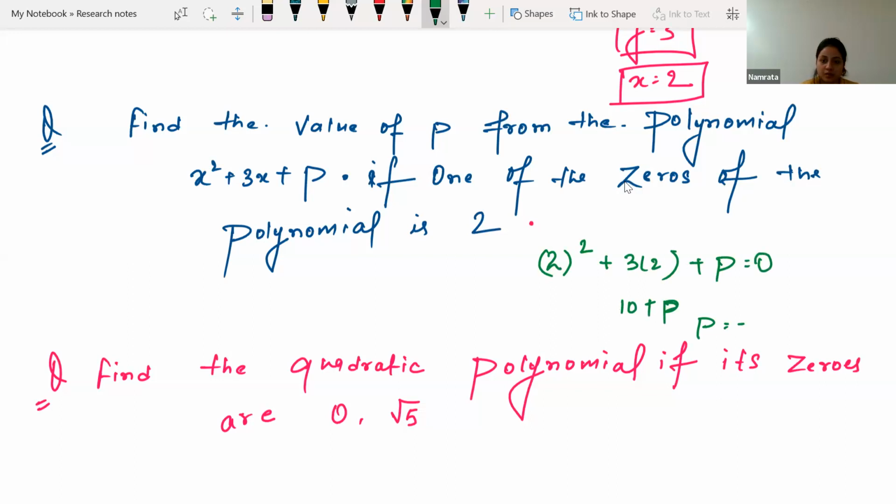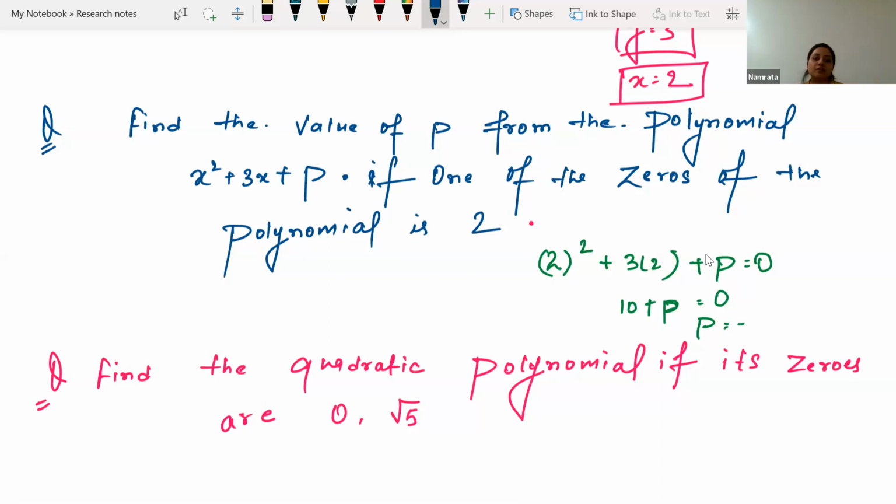Why are we equating it with 0? To find the value of p. Just to find the value of p. Can you recall that there was a theorem, the remainder theorem, that gave an easier way of finding the remainder in the previous class?